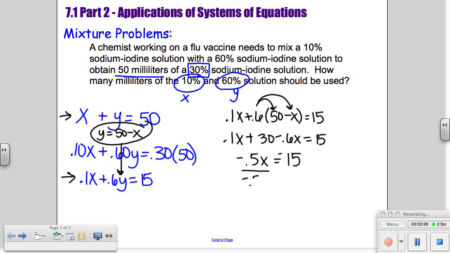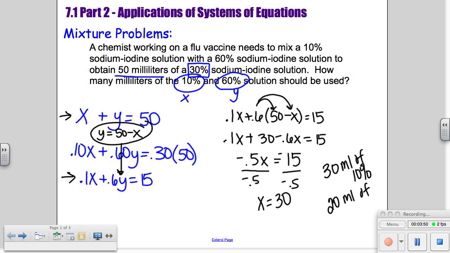So if I divide by negative 0.5, x is going to be 30. So that means I need 30 milliliters of the 10% solution. Now remember, we totaled 50 milliliters, so that leaves me 20 milliliters of the 60% solution, and there will be my final answer.